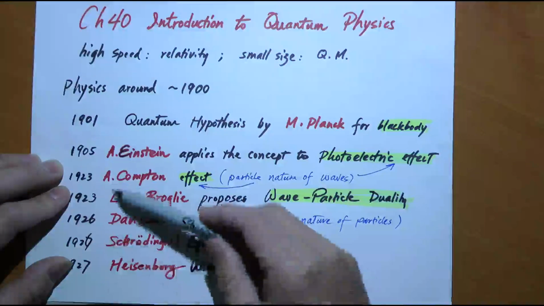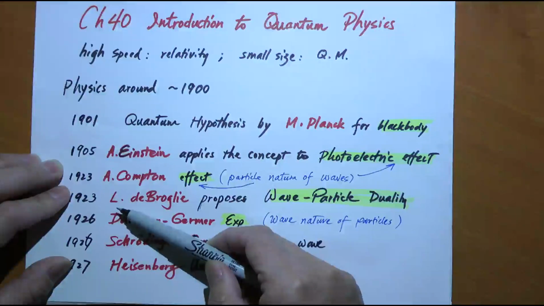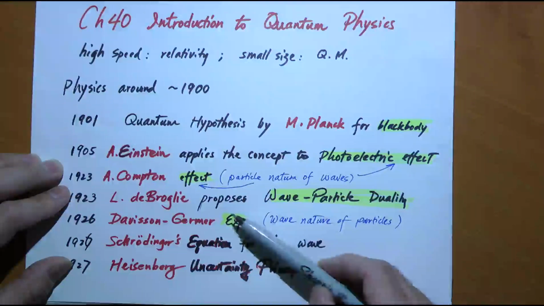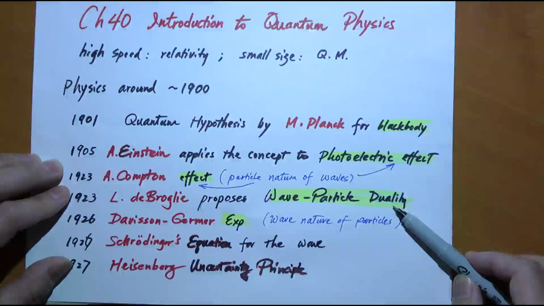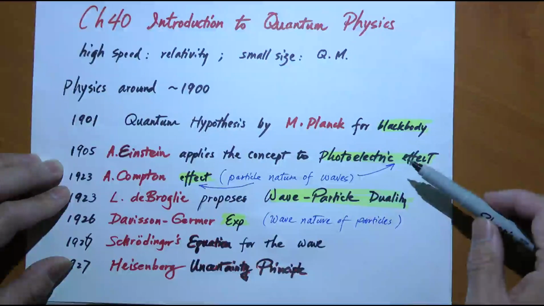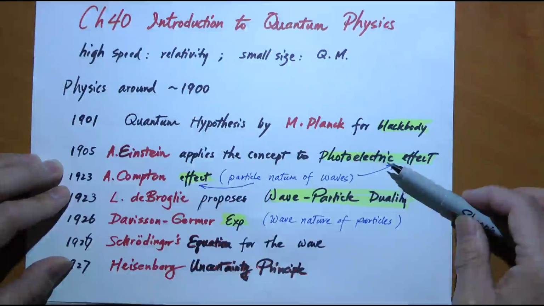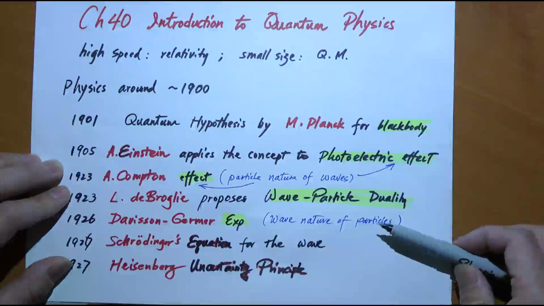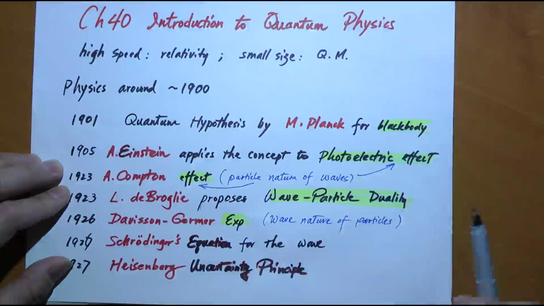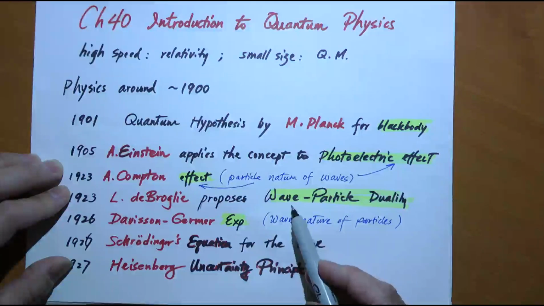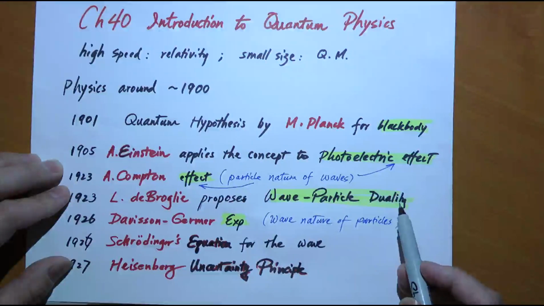And somewhere in between 1923, a French physicist by the name of Louis de Broglie proposed the so-called wave-particle duality, which unified two aspects of these different types of experiments, the particle nature of waves and the wave nature of particles. So he proposed what's called wave-particle duality, which plays a central role in our understanding of the quantum world.